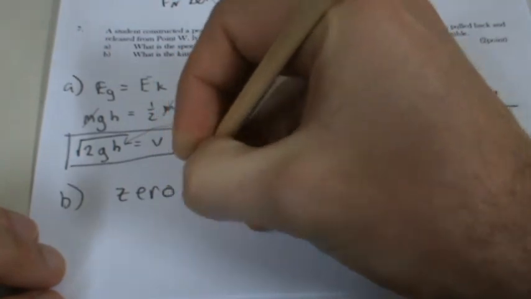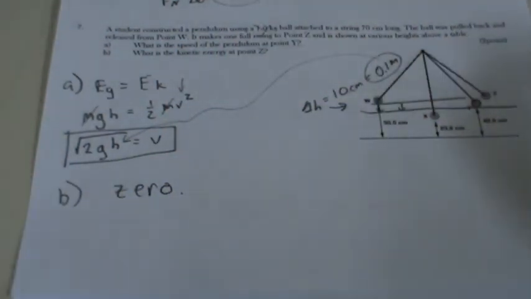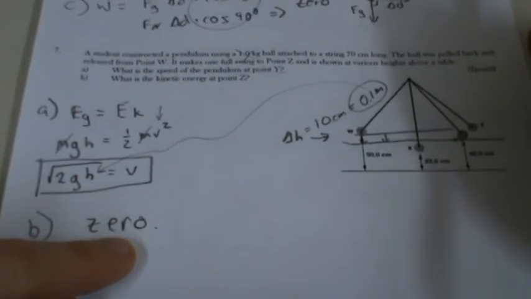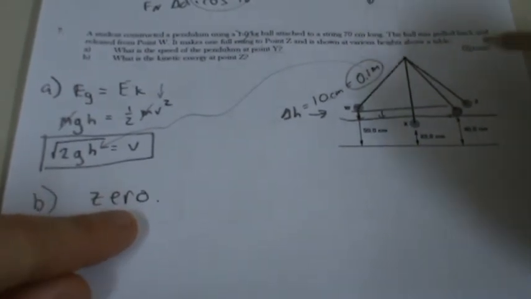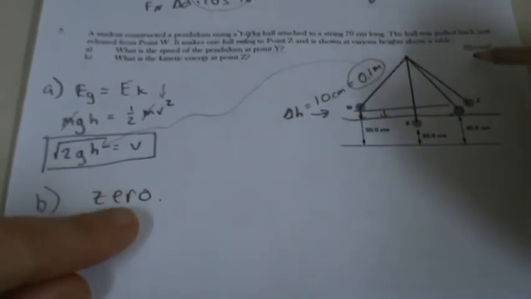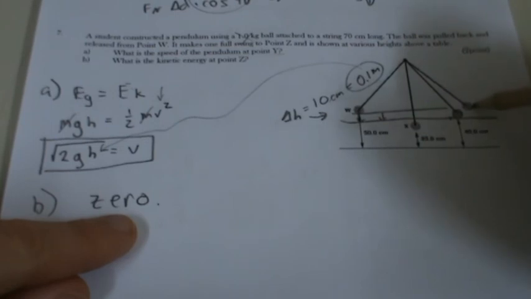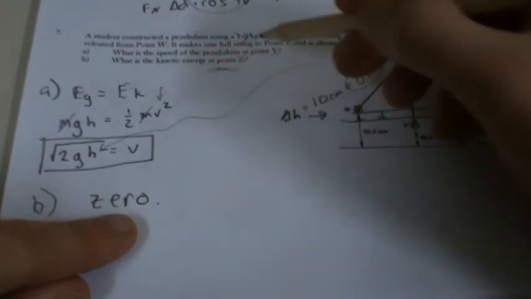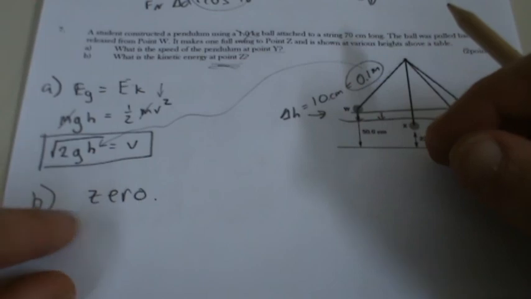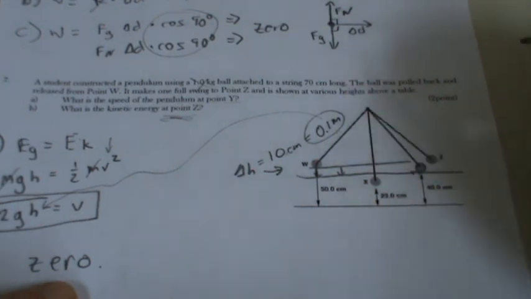What is the kinetic energy at point Z? At point Z it's 0. Why? Because it stops, actually.